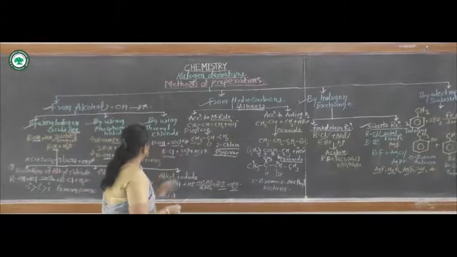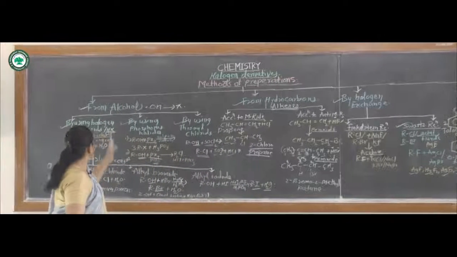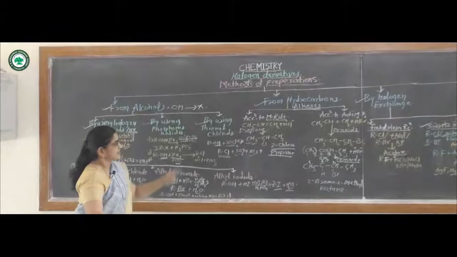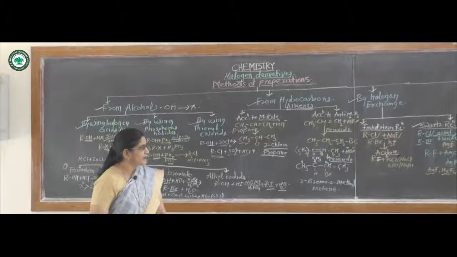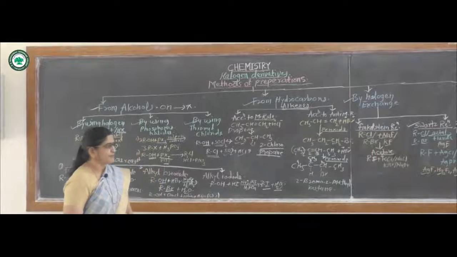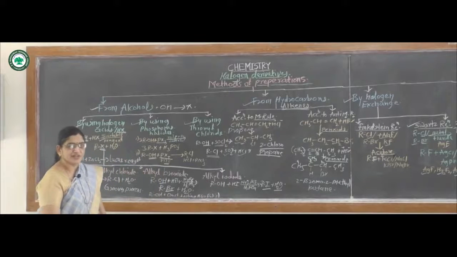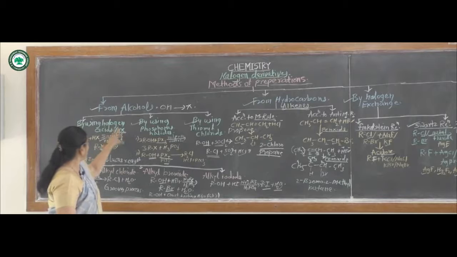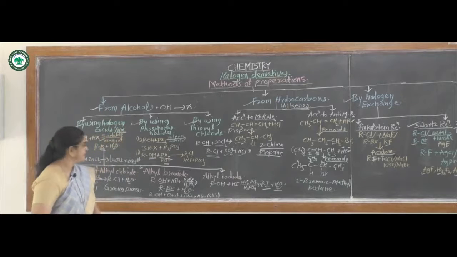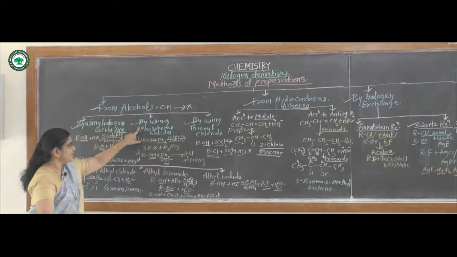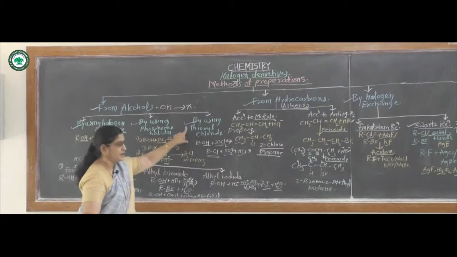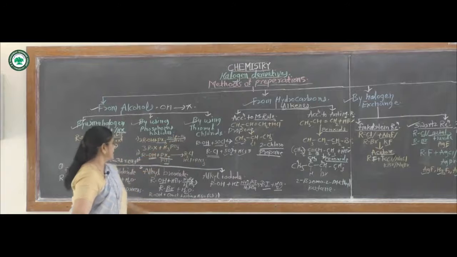In this way, there are four methods: first from alcohol, second from hydrocarbons, third by halogen exchange, and fourth by electrophilic substitution reaction. From alcohol there are three reactions: first by using halogen acid, second by using phosphorus halides, and third by using thionyl chloride.